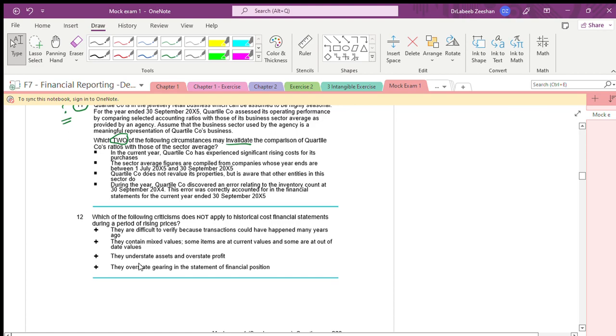Which of the following criticisms does not apply to historical cost financial statements during rising prices? Is it right? Does not apply.